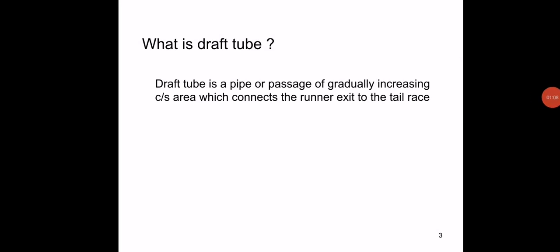The reason is that if you increase the area from the exit of the runner to the tail race, the velocity of the water is reduced, and by providing the draft tube, it converts the kinetic energy into pressure energy.